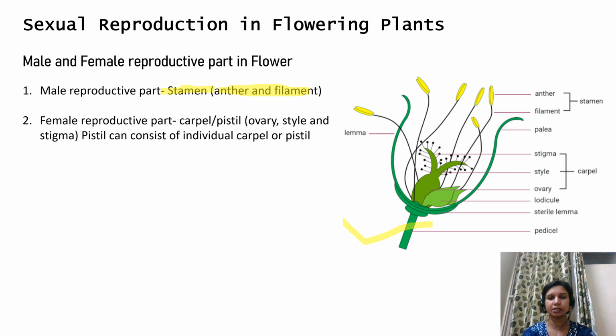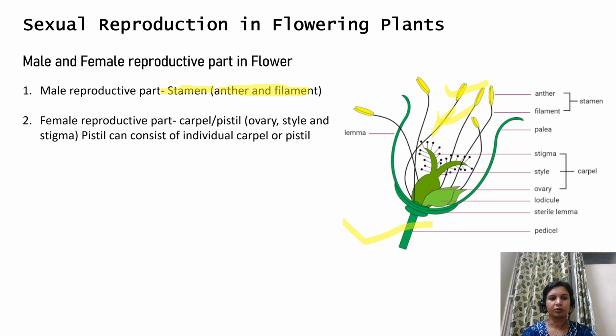As you can see here, this long structure is the stamen. Usually a rice flower consists of 6 stamens. This is the filament portion, the long structure, and this one is the anther. Here, exactly, the pollen grains lie in the anther.